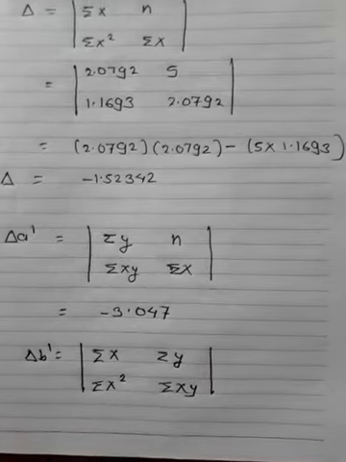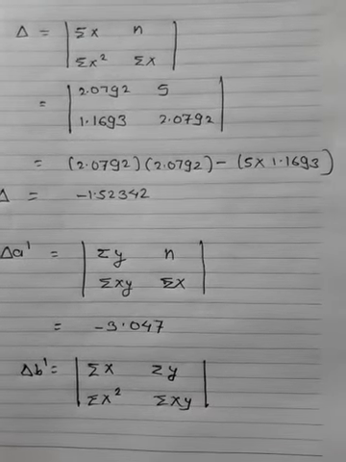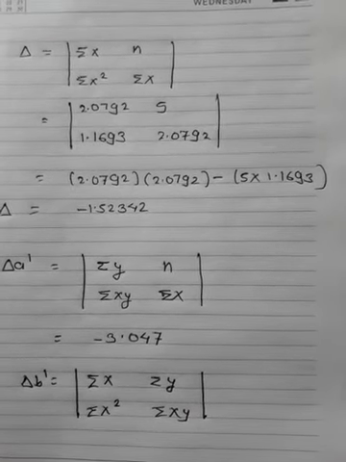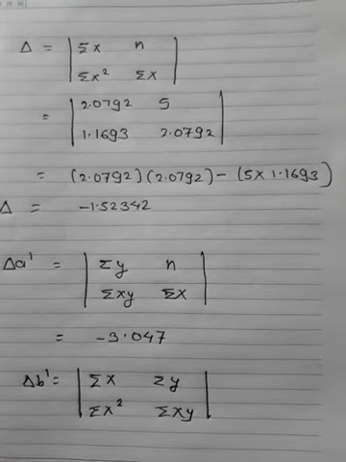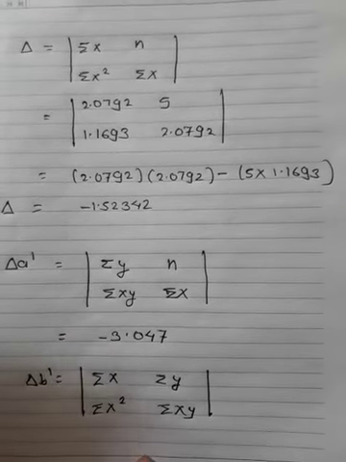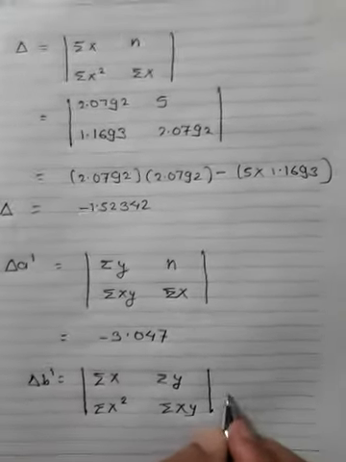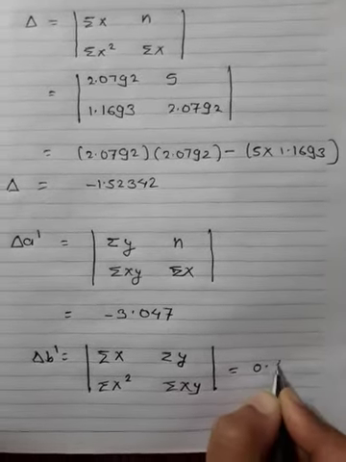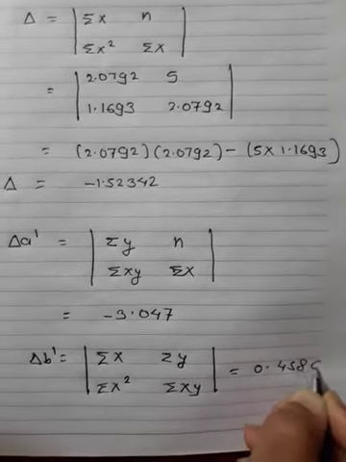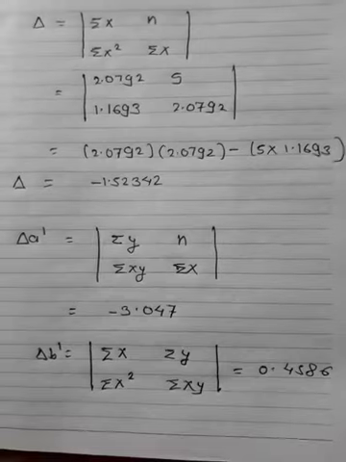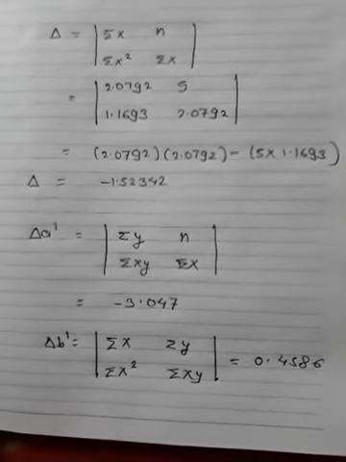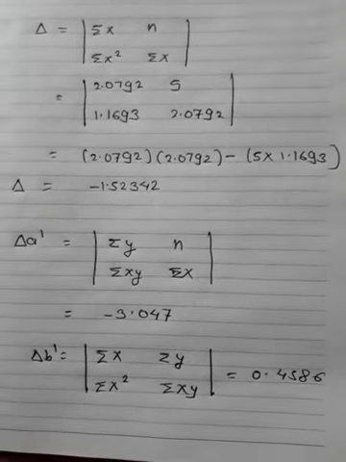You have to enter all these values into this determinant and solve. The final answer will be 0.4586. So in this way you first find the values of delta, delta a dash and delta b dash. From this we can now find the values of a dash and b dash.